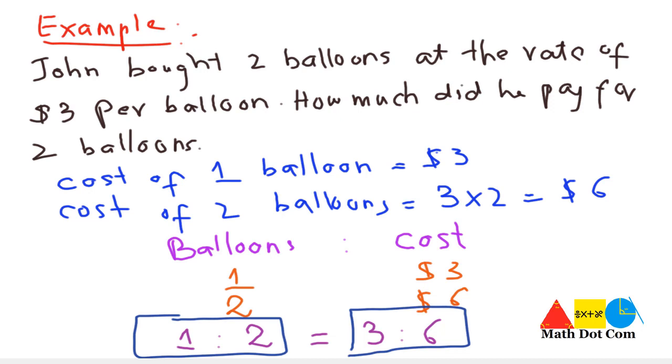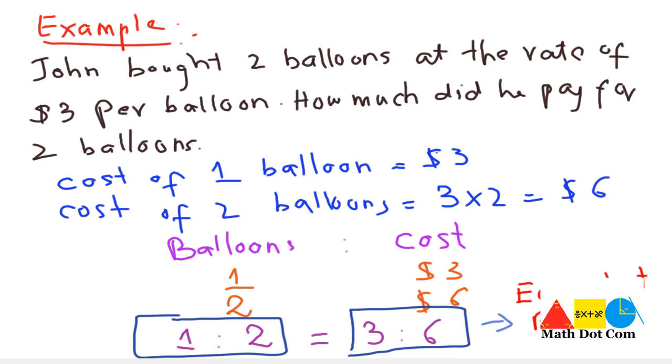We can also say that the concept of proportion is derived from equivalent ratios. So these are the equivalent ratios, as both sides of the equality are equal.